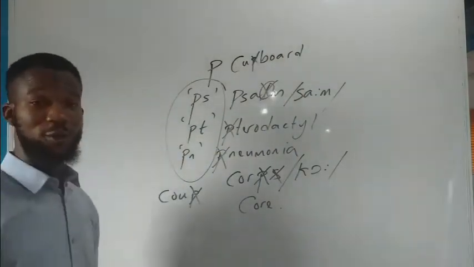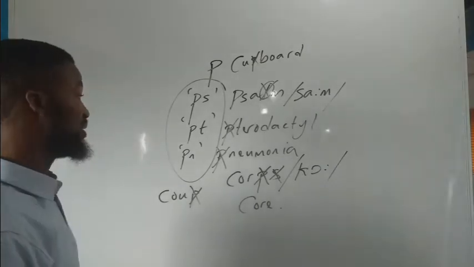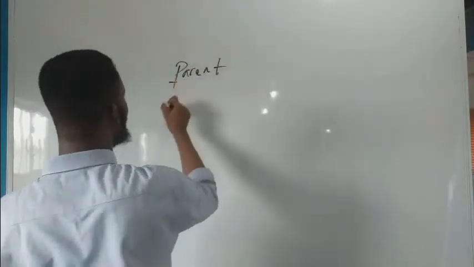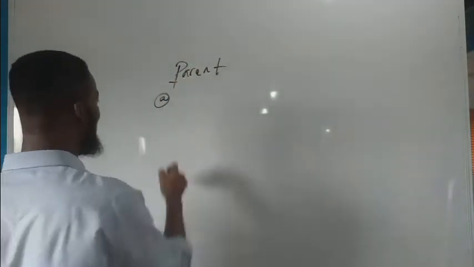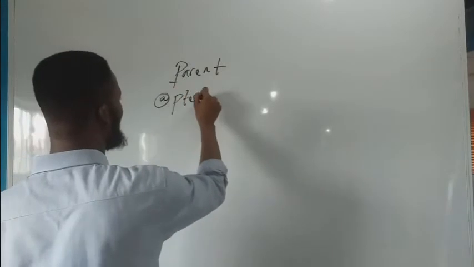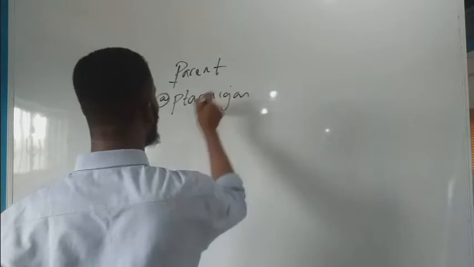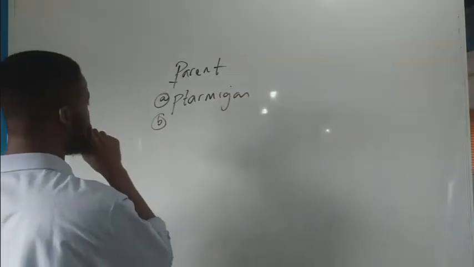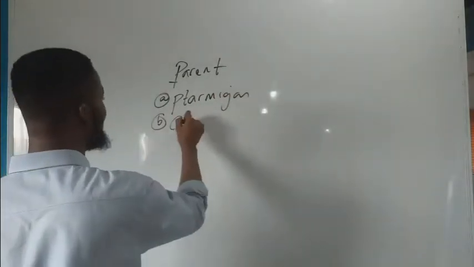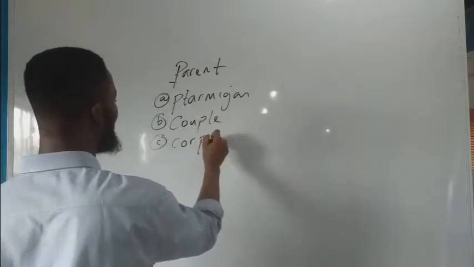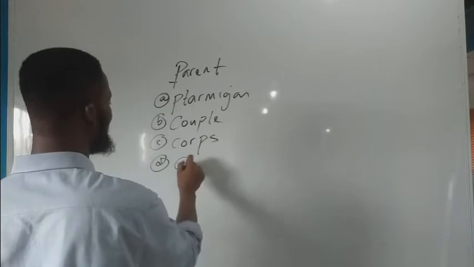Let's look at a few questions to understand how to do this in exam condition. The question could come like this. We could have P-A-R-E-N-T, P is underlined. Option A, we have P-T-A-R-M-I-G-A-N. Option B can be said to be C-O-U-P-L-E. C can be C-O-R-P-S, and option D will be C-O-U-P.